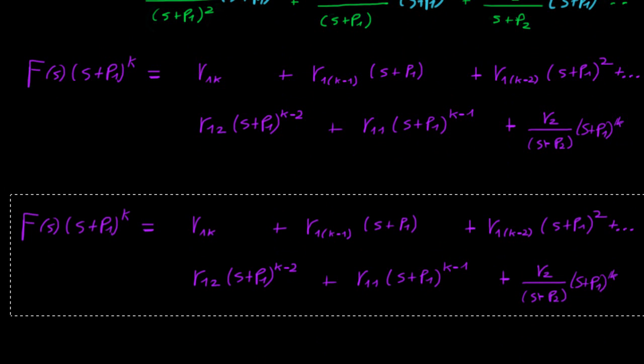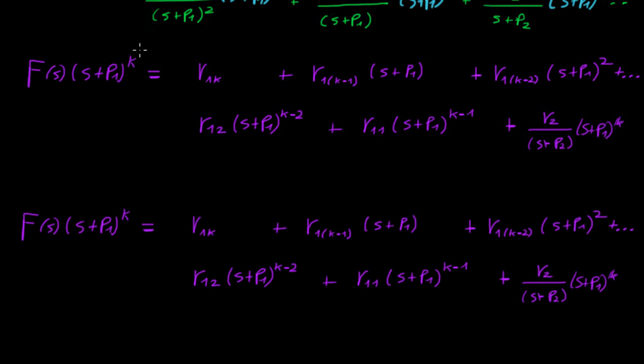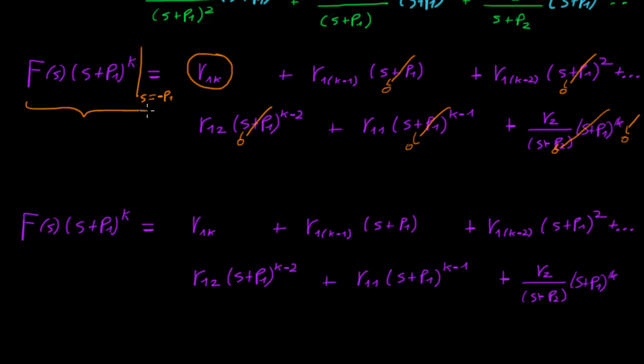Now if we assume that s is equal to minus p1, this is 0, this is 0, and all the rest of terms are 0, leaving only r1k in the right hand side. So this is the formula for the first residue.